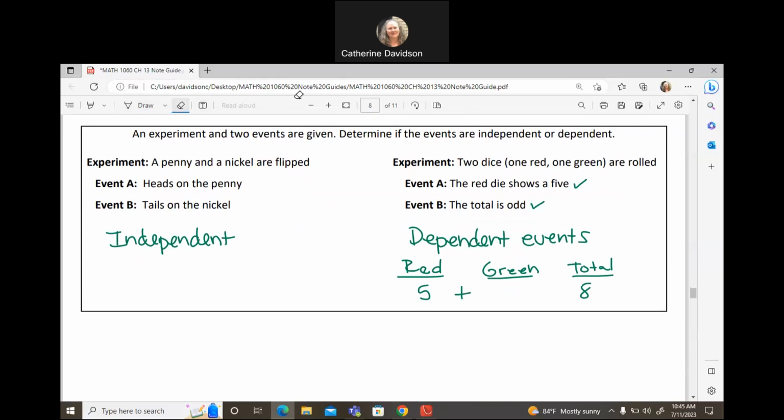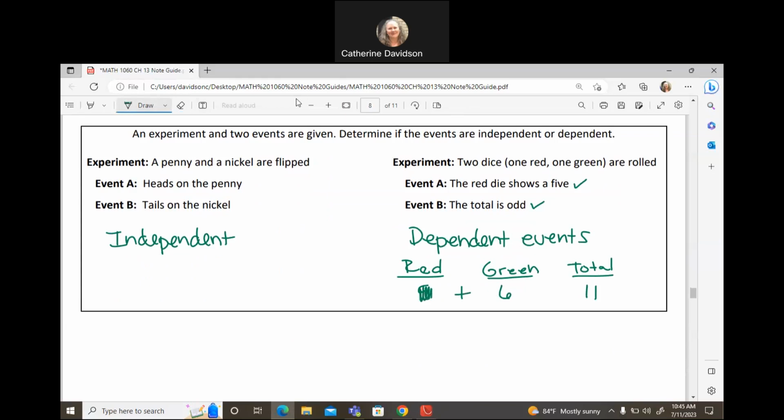Okay. So say we roll a 6, 5 plus 6 gives me 11, so that's an odd number. So what's rolled on the red does affect the total.